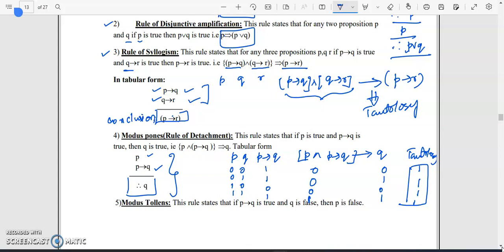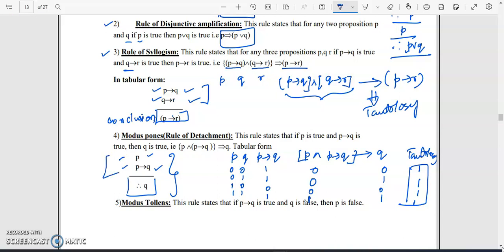We will directly tell, okay, using the rule of detachment, the given argument is valid. We write the premises like this, and then we write the conclusion symbol, and whatever I write after this, we call it therefore Q. That means this is the conclusion.